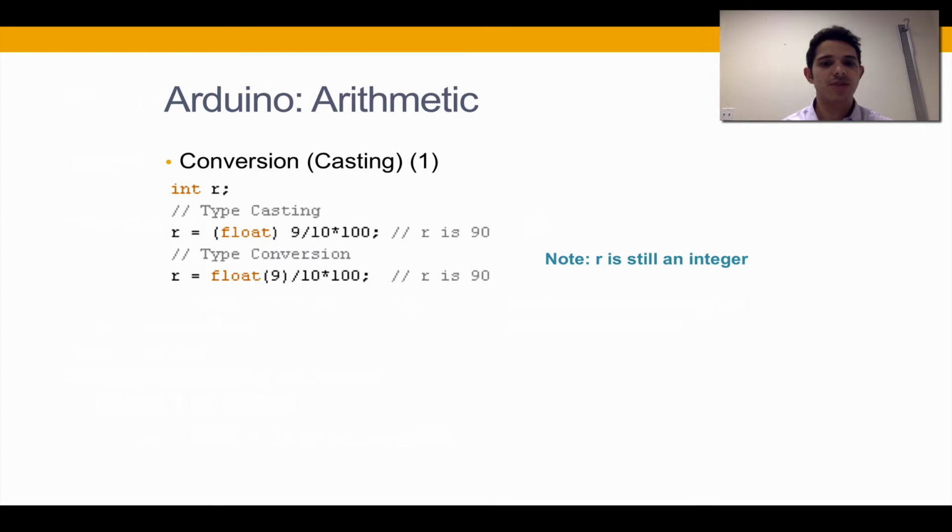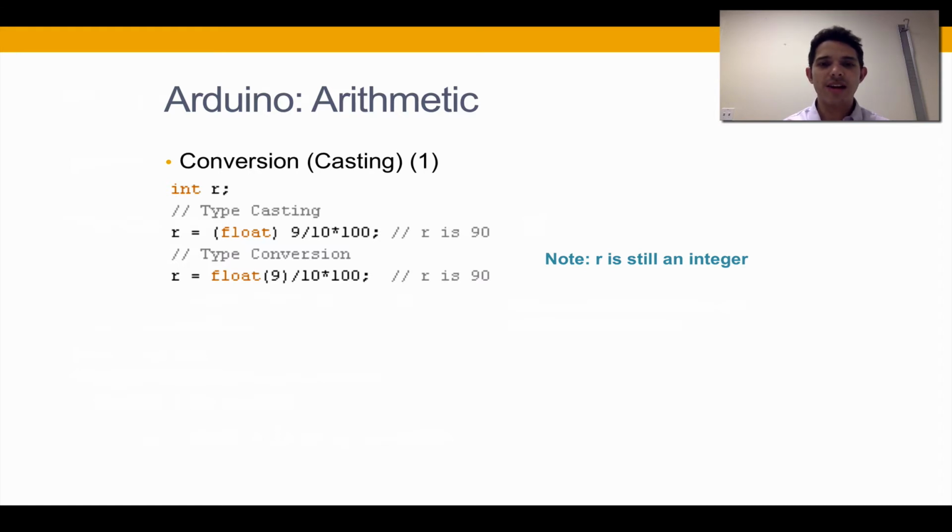One way to do that is with something called typecasting. Suppose we define the variable r, and I want to do the calculation of 9 divided by 10 times 100 and save the result as an integer. Typecasting, basically, says that if I use this syntax where I put float in parentheses, it'll temporarily create some data types of type float to enable the calculation on the right-hand side of the equal sign, and then it'll take the result and cast it into an integer.